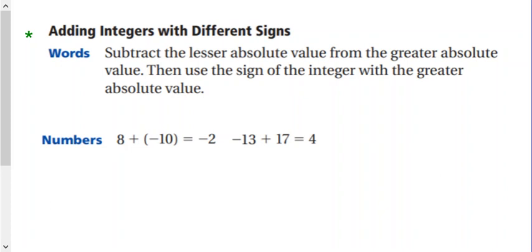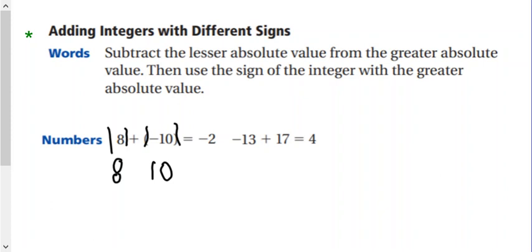Okay, so if we look at these examples right here, we have 8 plus negative 10 equals negative 2. So if we look at the absolute value, we can say the absolute value of 8 is equal to 8. The absolute value of negative 10 is 10.